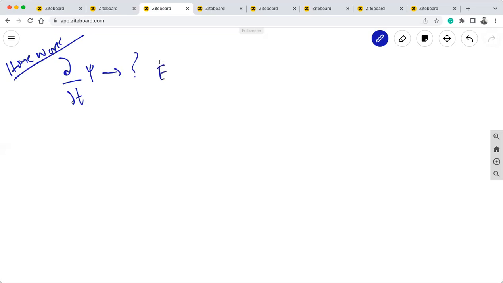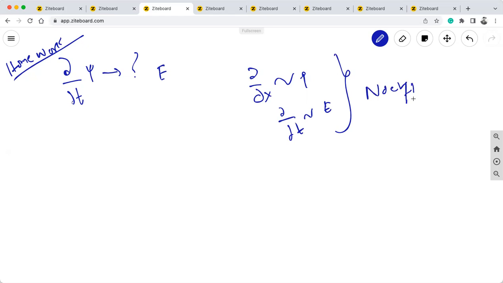So del x of a wave function will return the momentum, and del t of the wave function will return the energy. This is related to the operator for p, and this to the energy. This entire thing is a well known theorem, Noether's theorem in physics.